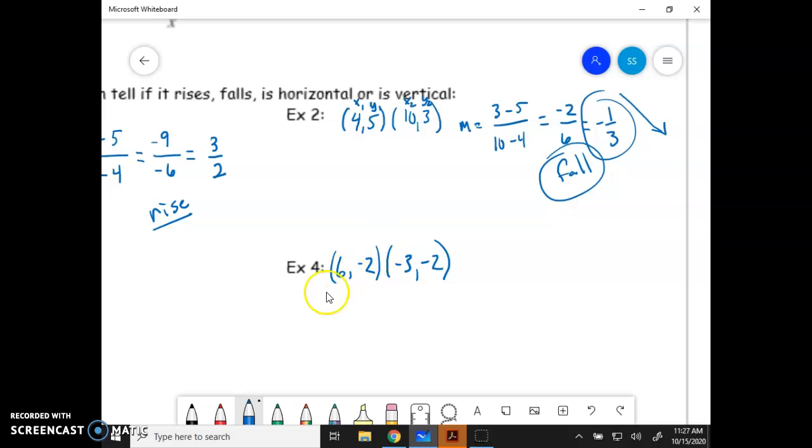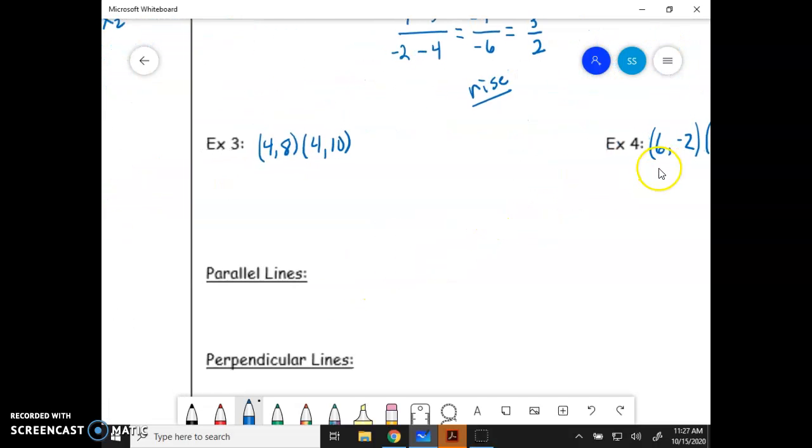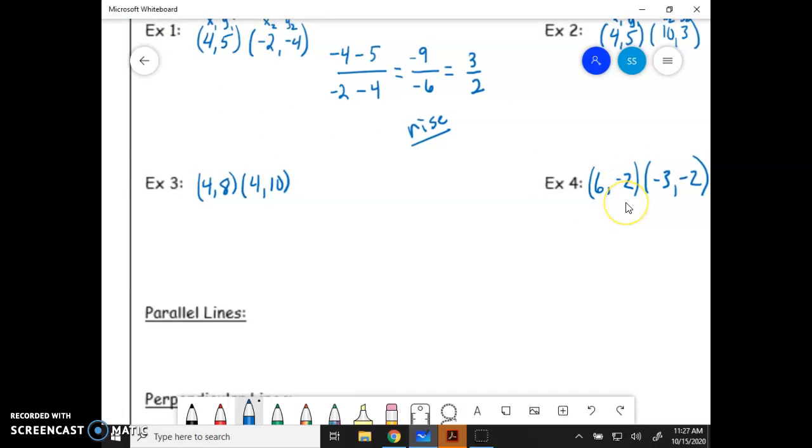All right, moving on. Number 3. Again, get into the habit of labeling these x1, y1, x2, y2, and then we're just plugging into the formula. 10 minus 8 over 4 minus 4, and we get 2 over 0.